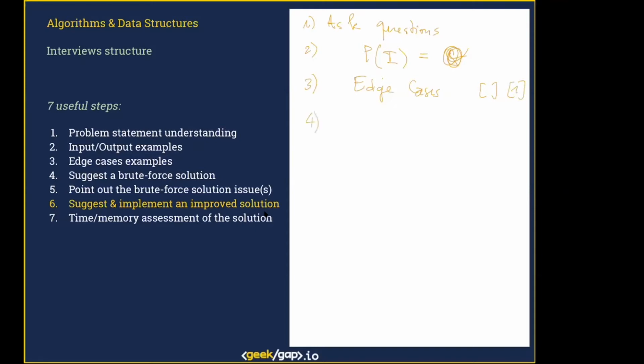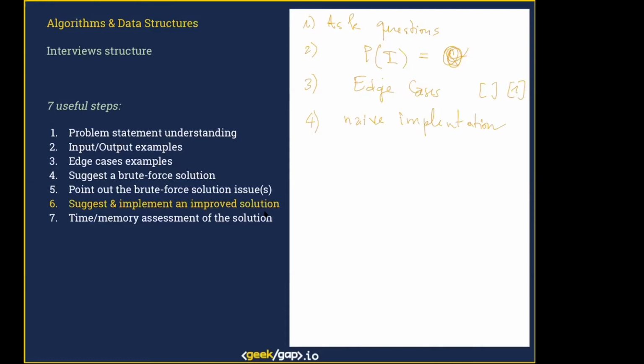And fourth, what you want to do is suggest a brute force algorithm. So, a naive implementation, you want to give a naive implementation first. You don't have to code this. You just have to tell the interviewer, this is what I think, this is the obvious way we can solve this problem.